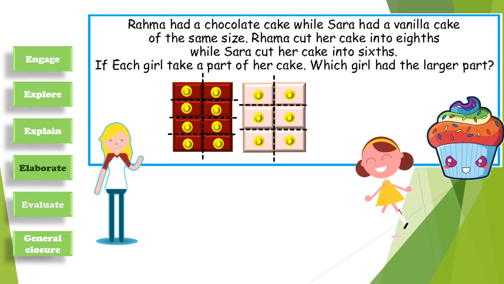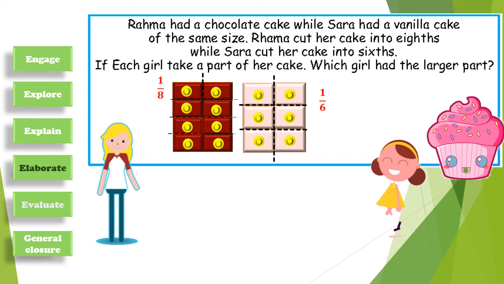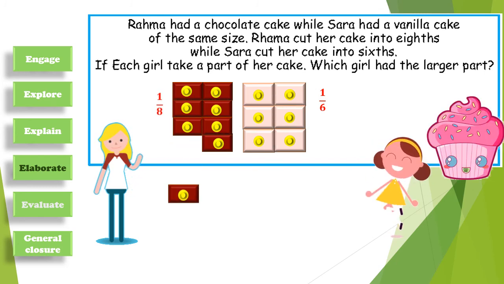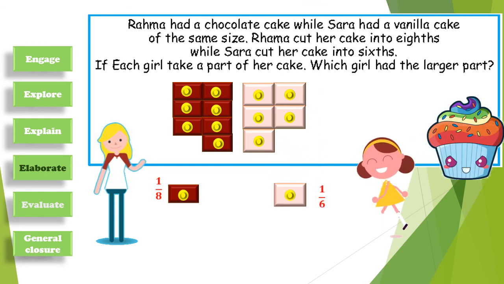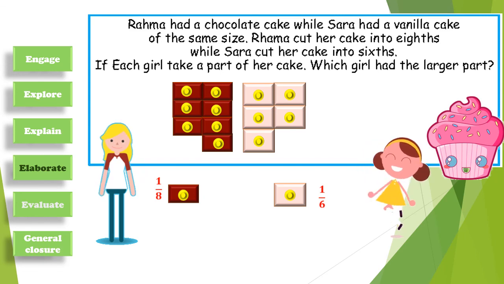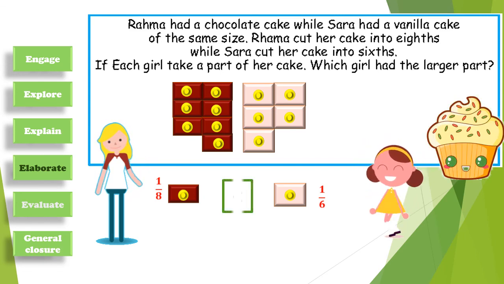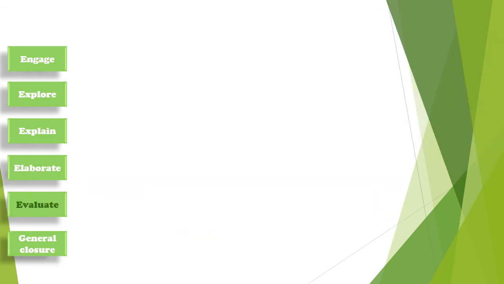If each girl takes a part of her cake, Rahma has eighths and Sarah has sixths. Which girl gets the larger part? I have here 8, I have here 6. So sixth is bigger because it has the smallest denominator. So Sarah has the larger part.